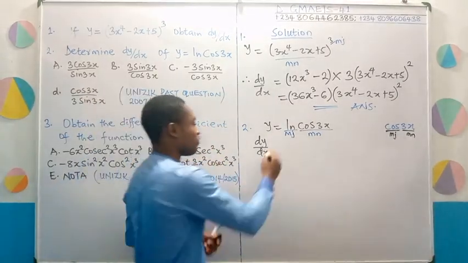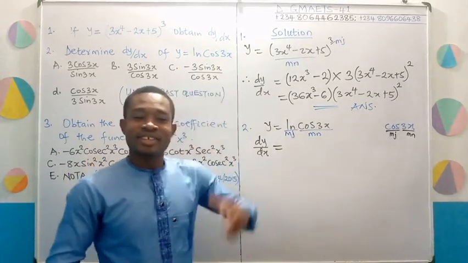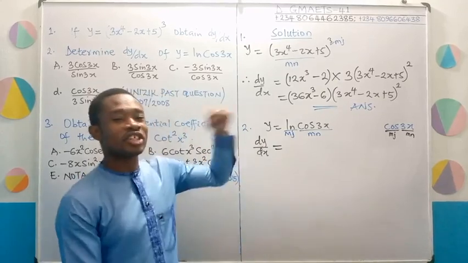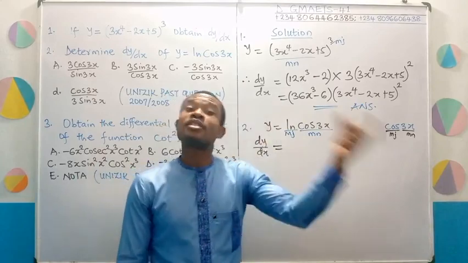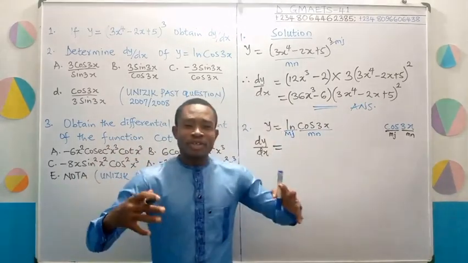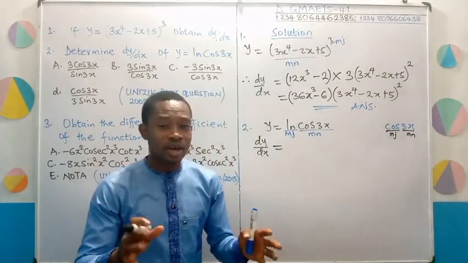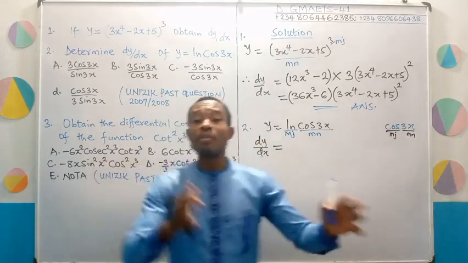How do we approach differentiation? Once you're able to break this thing down like that, the major-minor differentiation concept simply tells us to start differentiating from the minor of the minor.